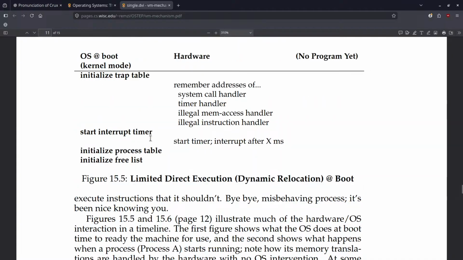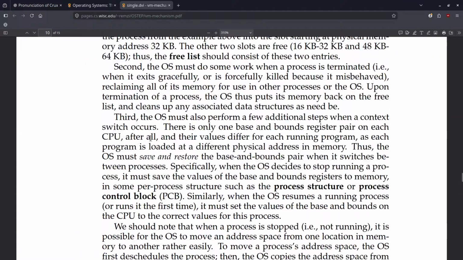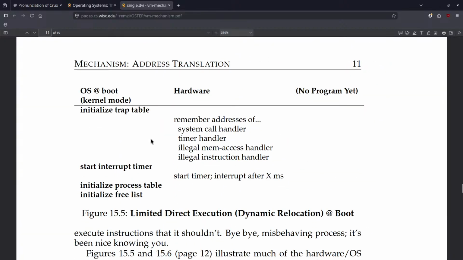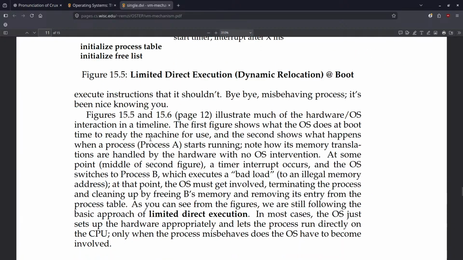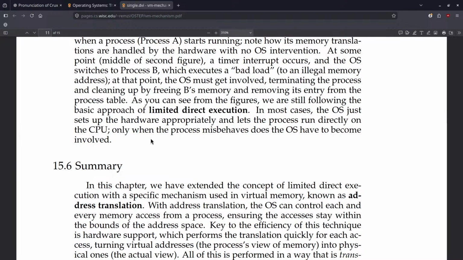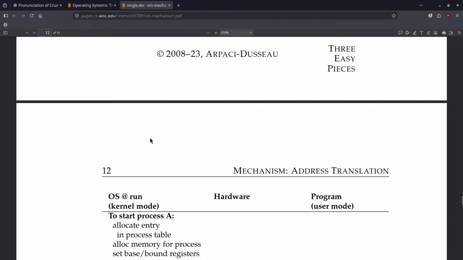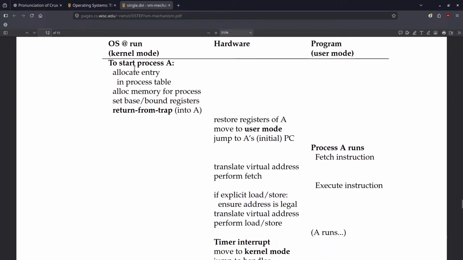Okay. In this chapter, we have extended the concept of. Okay, let's read this before.